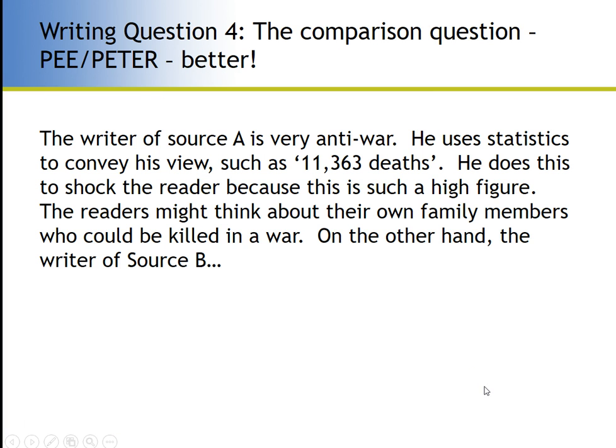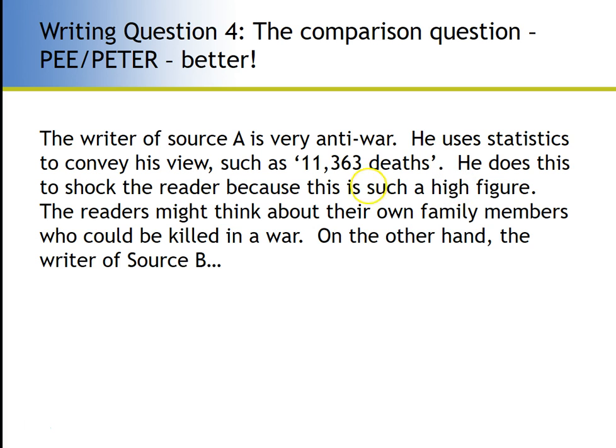This was a much better example because it contains a quick statement of the writer's viewpoint, a bit of subject terminology to identify the stylistic technique there, the short embedded quote, and then the student has used a couple of sentences here to comment on the purpose and the effect of that language device on the reader.